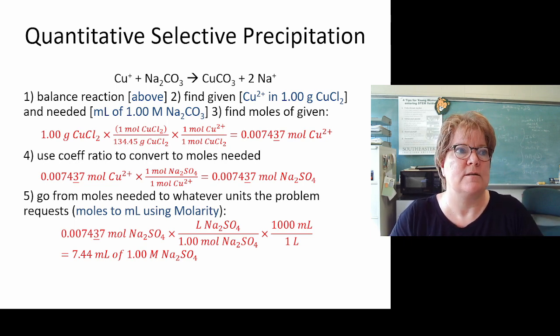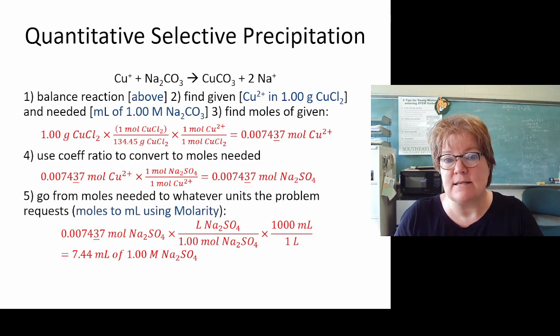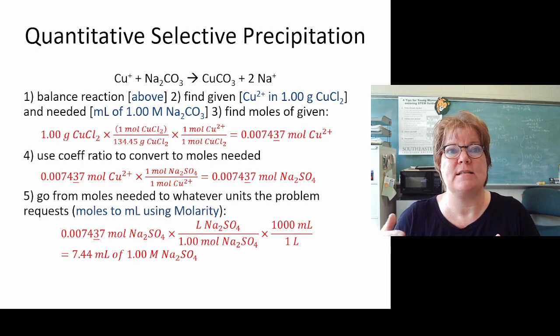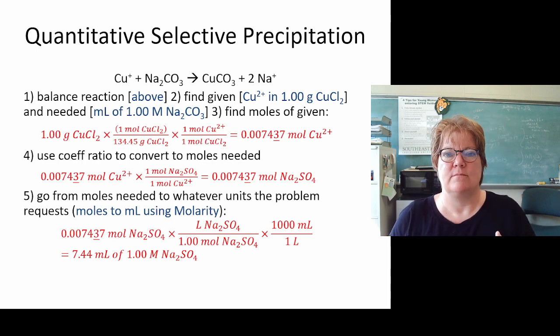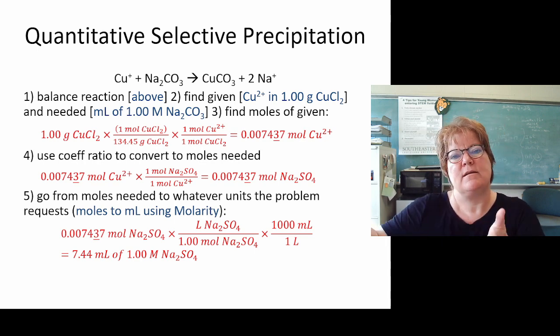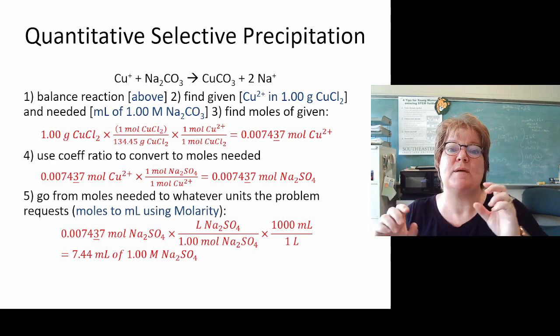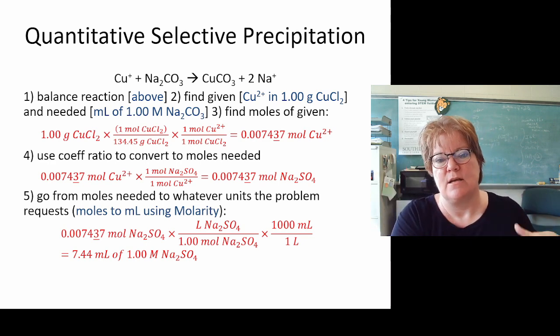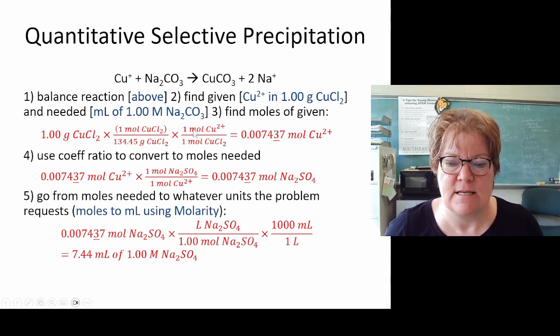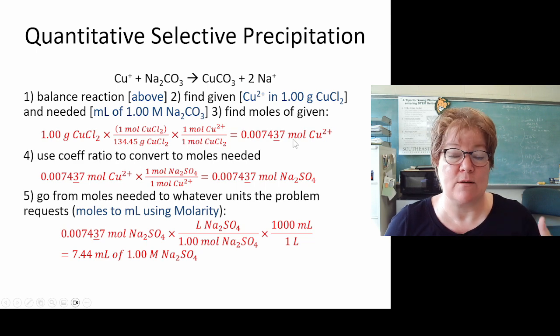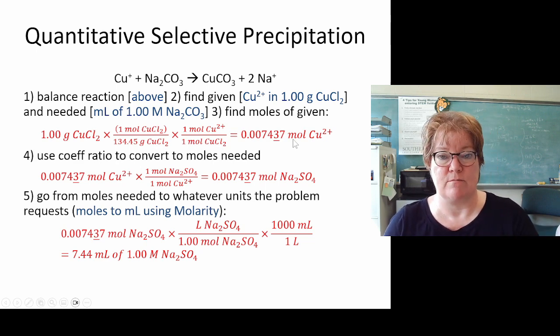So if it was potassium carbonate, K2CO3, then each mole of K2CO3 would make 2 moles of K plus ion. So be careful about that. In this case, it's a subscript of 1 for the copper, so this is 1 to 1.